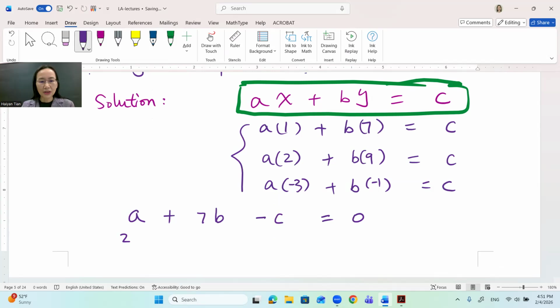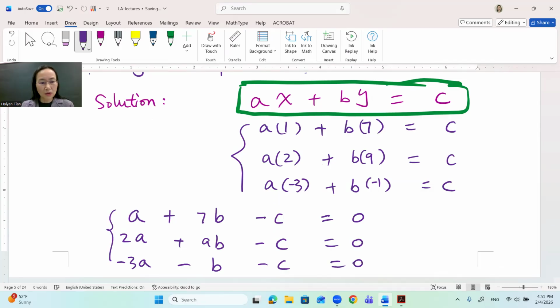Second equation, we can write 2a plus 9b, and then minus c. It's another equation of 3 variables. And the third equation, negative 3a minus 1b minus c equals 0.